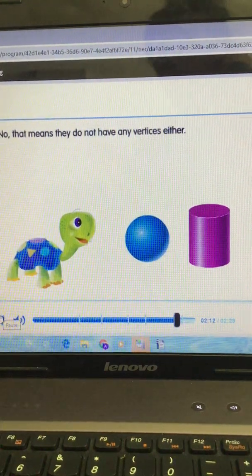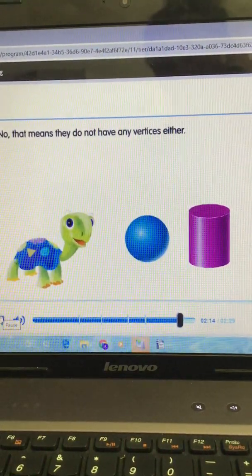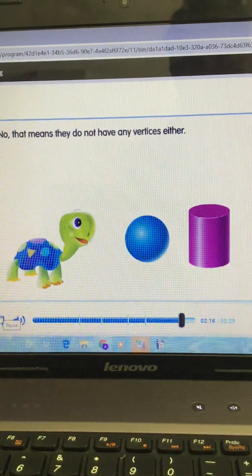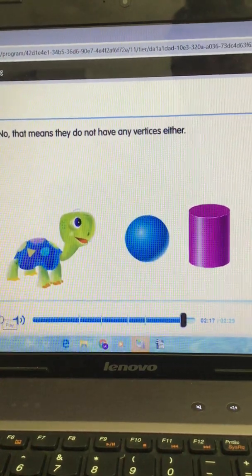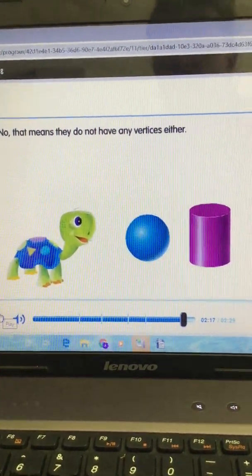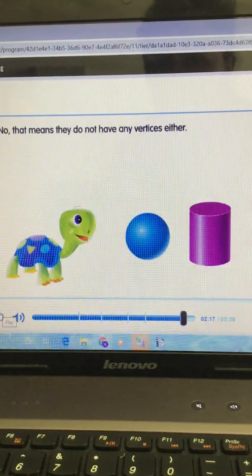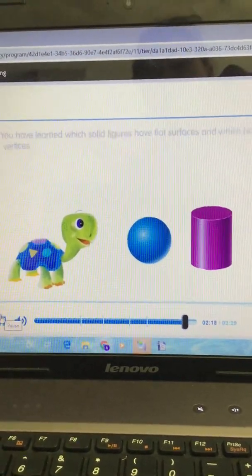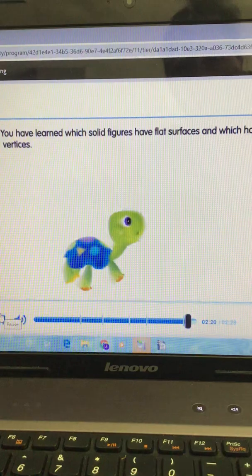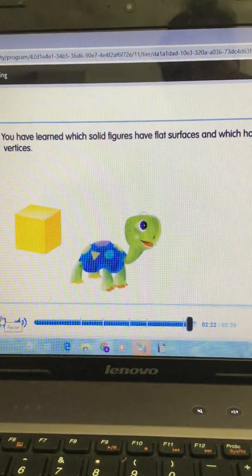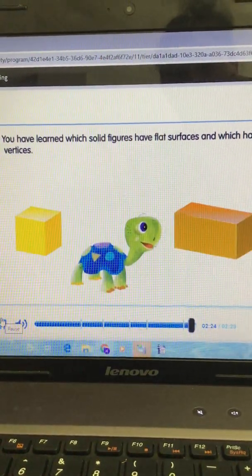No. That means they do not have any vertices either. So not all shapes have a point or a vertex. You have learned which solid figures have flat surfaces and which have vertices.